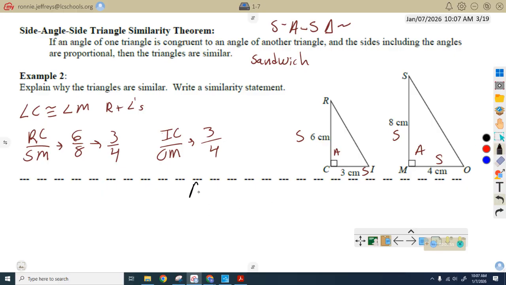So, triangle RCI is similar to triangle SMO by Side-Angle-Side Triangle Similarity. The reason why we're having us do the triangle similarity is because there's a Side-Angle-Side for congruent triangles, and those can be confused.